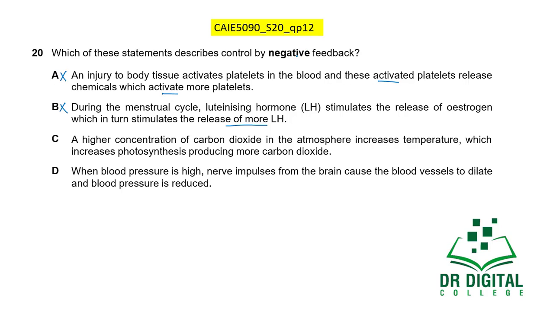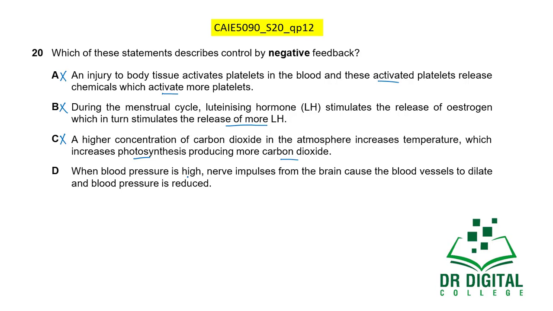Negative feedback will be when the result will inhibit the process itself. A higher concentration of carbon dioxide in the atmosphere increases temperature, which increases photosynthesis, producing more carbon dioxide. You know that photosynthesis cannot produce more carbon dioxide. So this option is once again wrong.